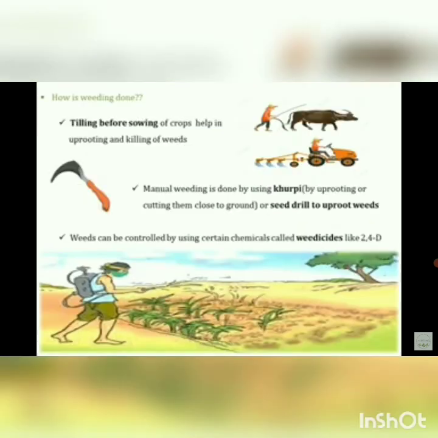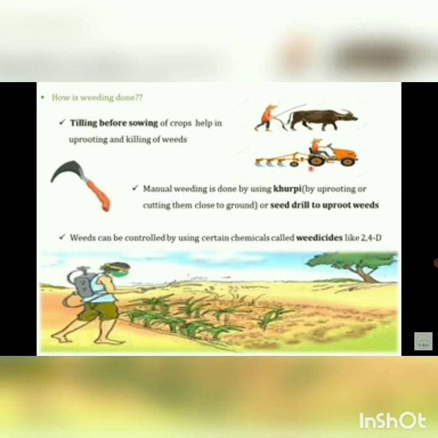So, how is weeding done? Tilling before sowing crops helps in uprooting and killing the weeds. Tilling means plowing with the help of a plow or cultivator. We could also do weeding manually with the help of a khurpi, which uproots or cuts the weeds close to the ground.